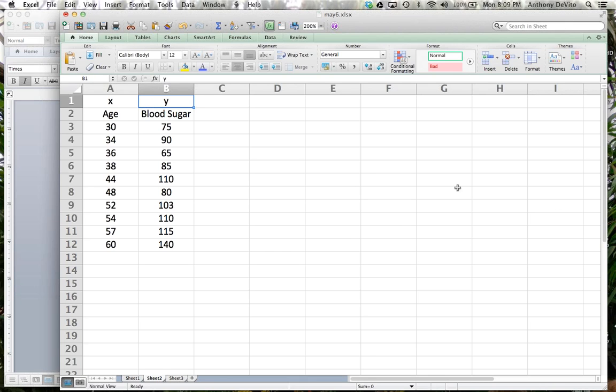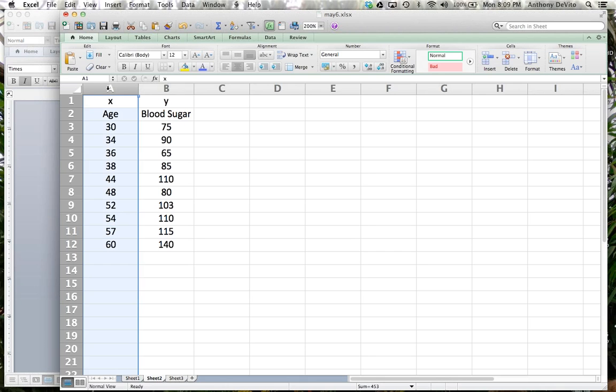However, later on, when we talk about regression, then we're going to talk about causality. In other words, does a person's advancing age cause their blood sugar to go up, or does a person's elevating blood sugar cause them to get older? Well, obviously, the causative variable here is age, and the result is blood sugar.